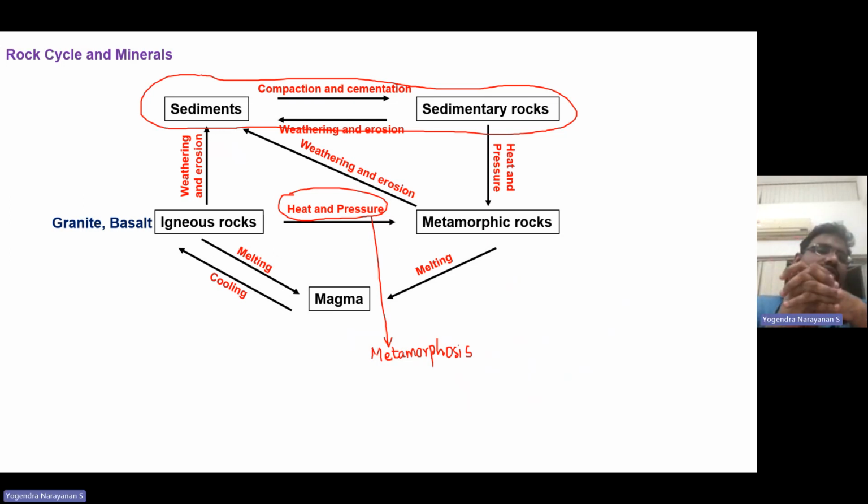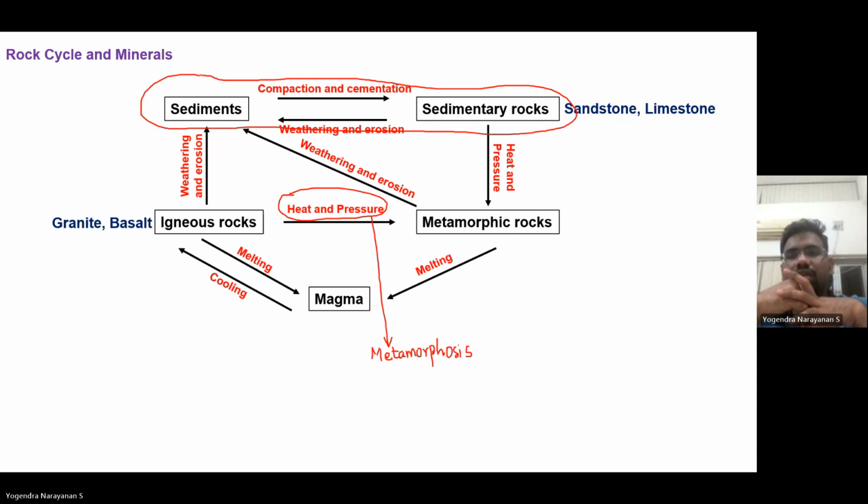Some of the best examples of igneous rocks are granite and basalt. Granites are used in almost all cooking platforms, and basalts are commonly found in the Deccan Plateau of the Indian region, which we'll be discussing shortly.